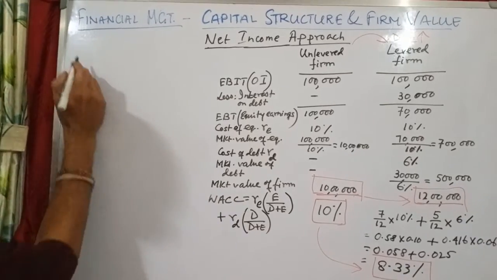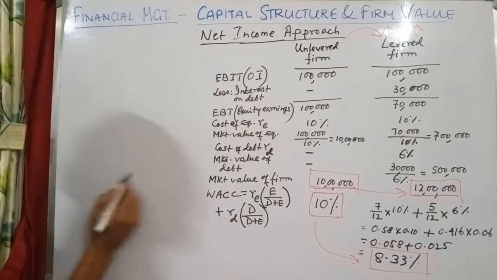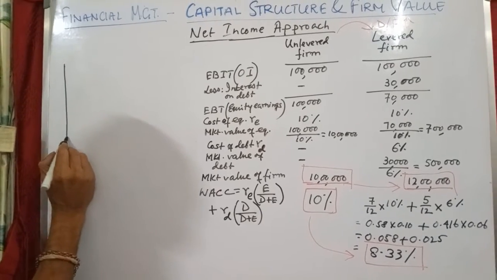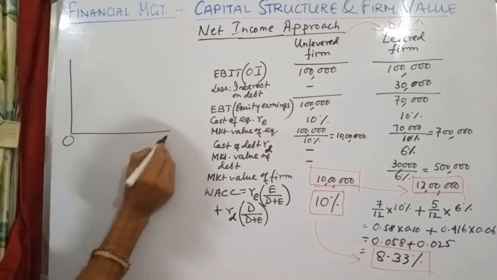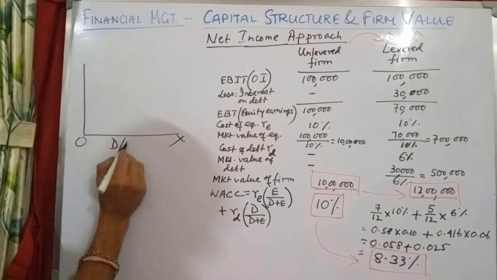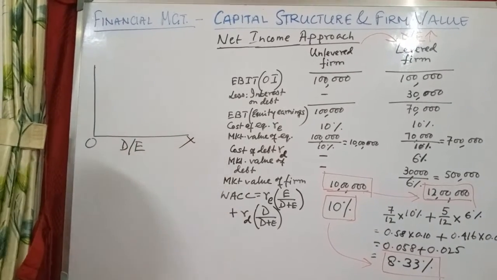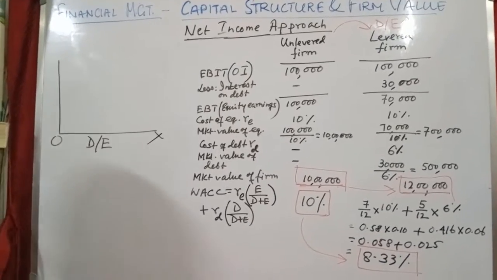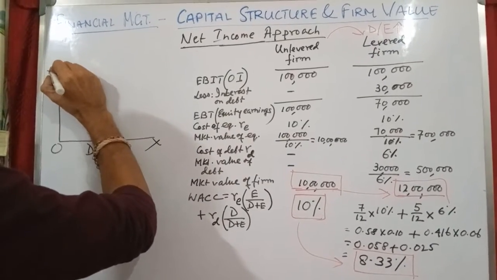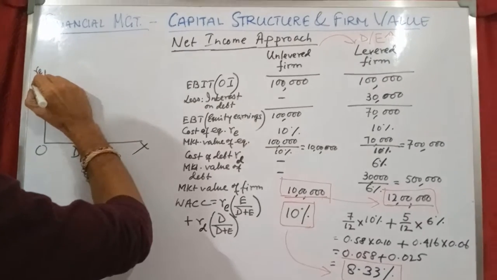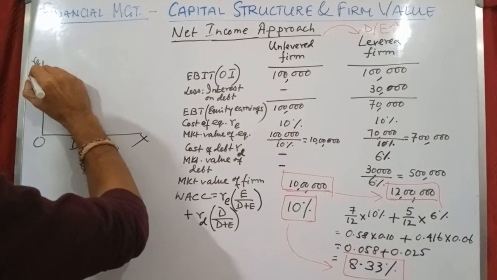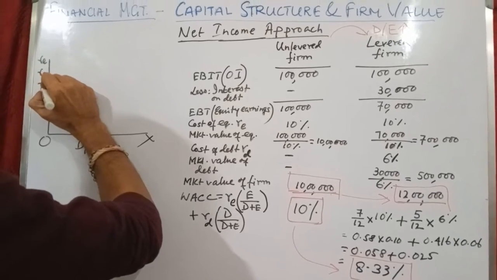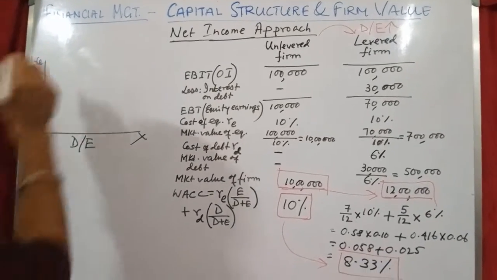In this diagram, we are measuring D ratio on x-axis and cost of equity, weighted average cost of capital RA, and cost of debt RD on y-axis.